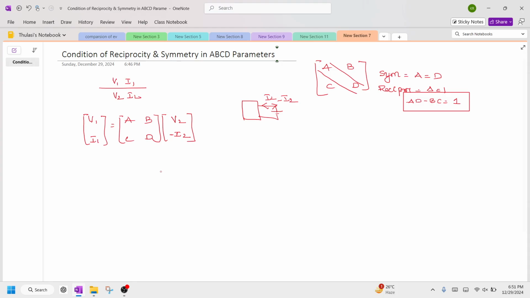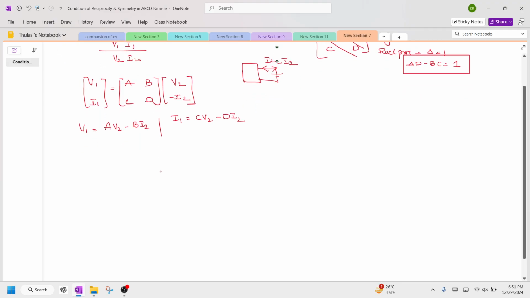Now the equations for the ABCD parameters are: V1 is equal to A V2 minus B I2 is the first equation. The second equation is I1 is equal to C V2 minus D I2. We consider the ABCD two port network and apply the voltage V1 at the input port.